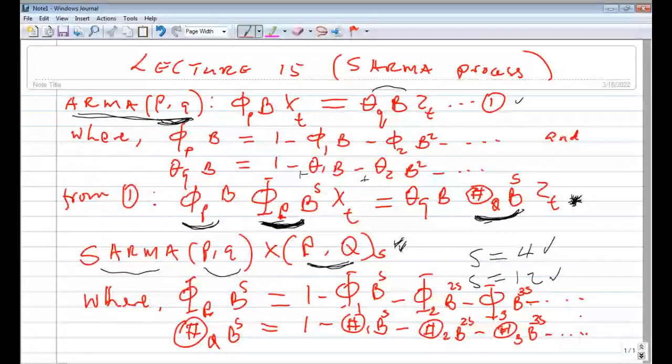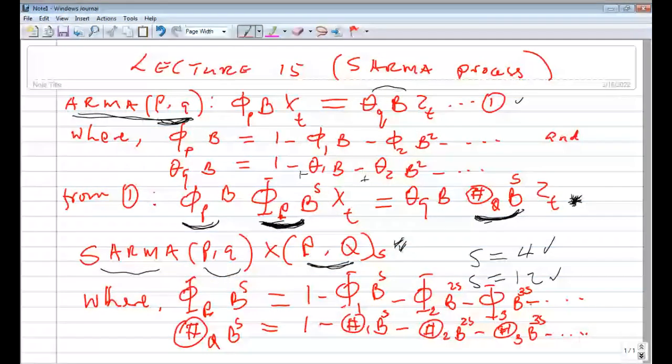Okay, so for argument's sake, let's say your small letter p, which represents the order of an autoregressive in a non-seasonal part, is equal to 0. And another capital P, which is the seasonal part for the same autoregressive process, is equal to 1.